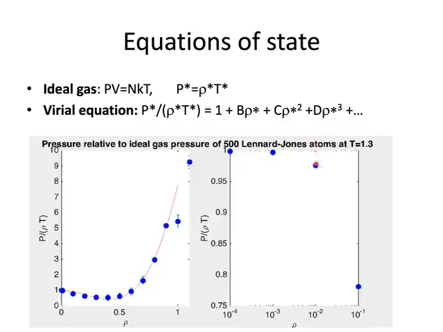There's only a few percent errors, and then as you go above that, the errors start to get larger, and going to higher densities, clearly the ideal gas equation of state is extremely far off the mark. And here I've also plotted a third order virial expansion that fits nicely, at least up to some point.